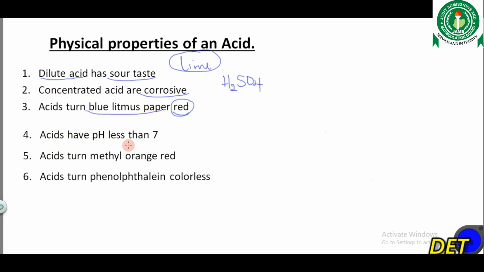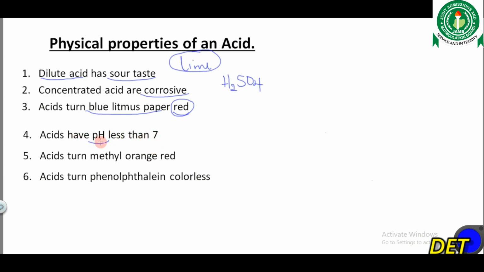Then acids have pH less than 7. The pH is an indicator. It shows how acidic or how alkaline or basic a solution is.